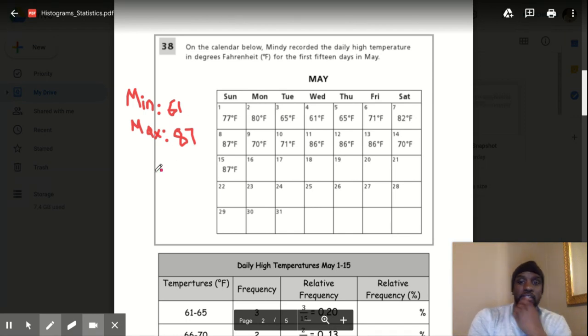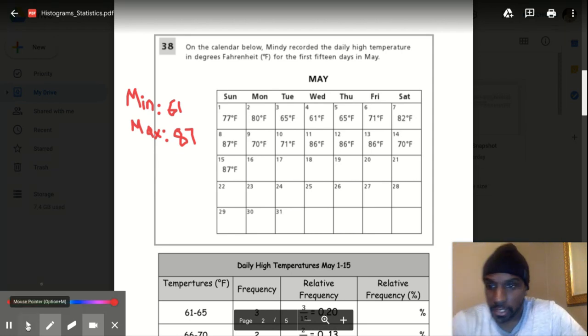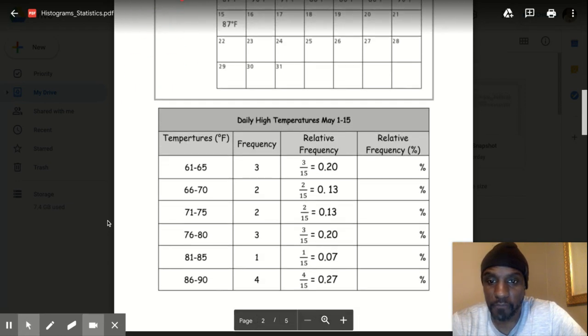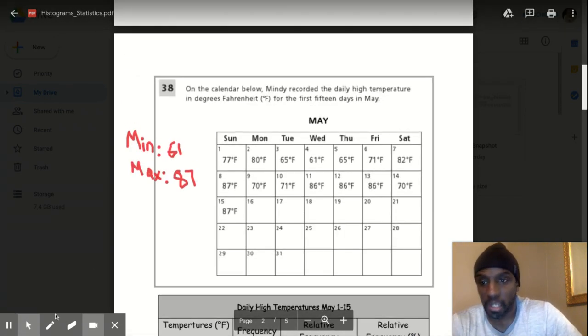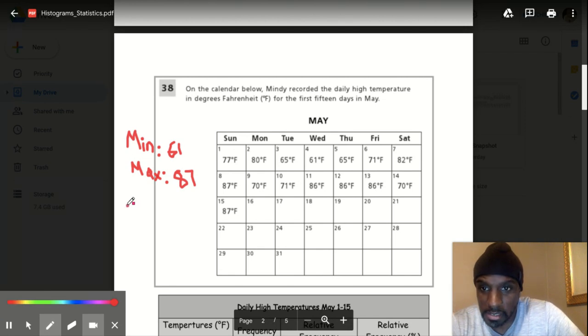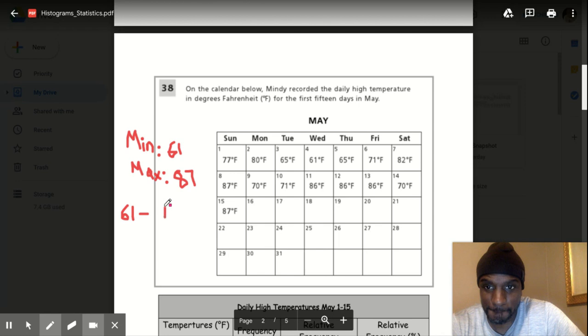So instead of doing 26, which is hard to break up, for this particular exercise I want my range to be 61 through 90. That will be 30 numbers.